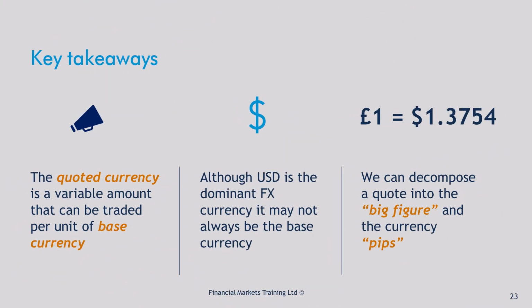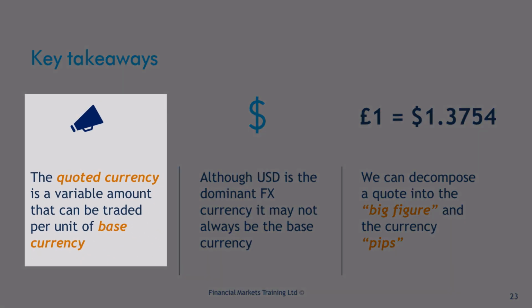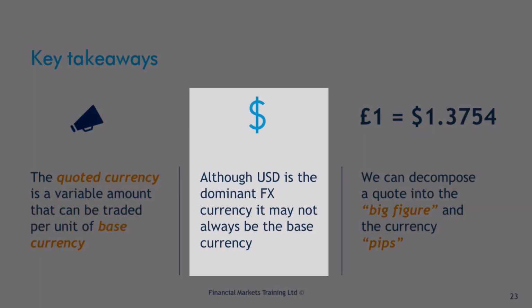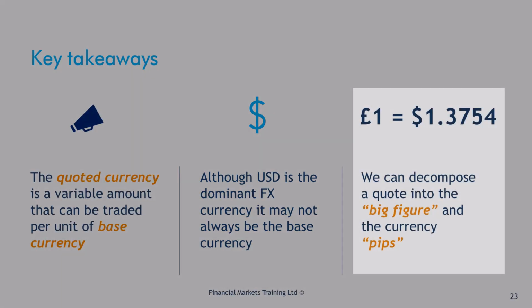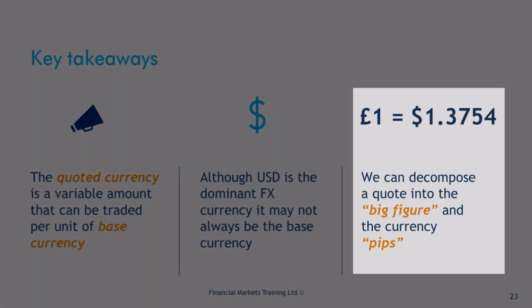So what are the key takeaways? The quoted currency is a variable amount that can be traded per unit of base currency. Although dollars is a dominant FX currency, it may not always be the base currency. We can decompose a quote into the big figure and the currency pips.